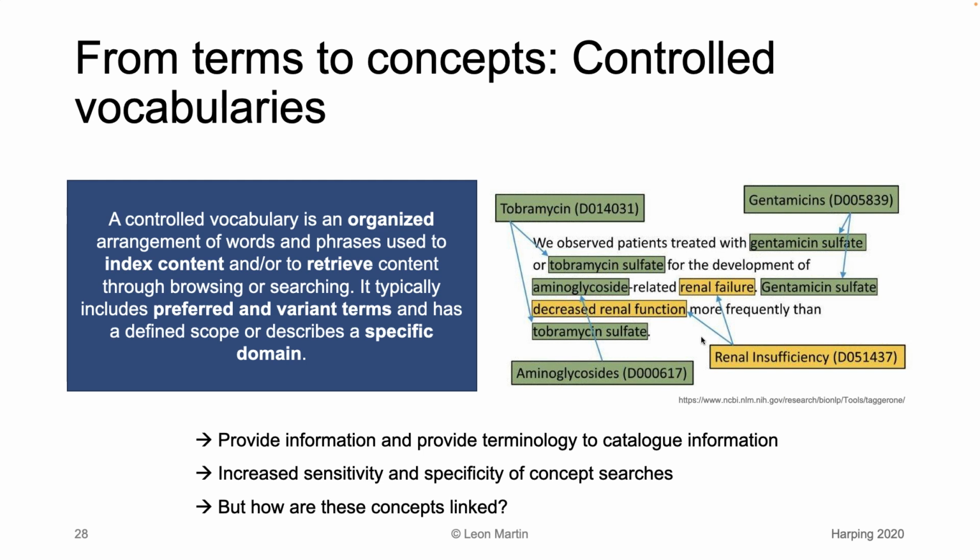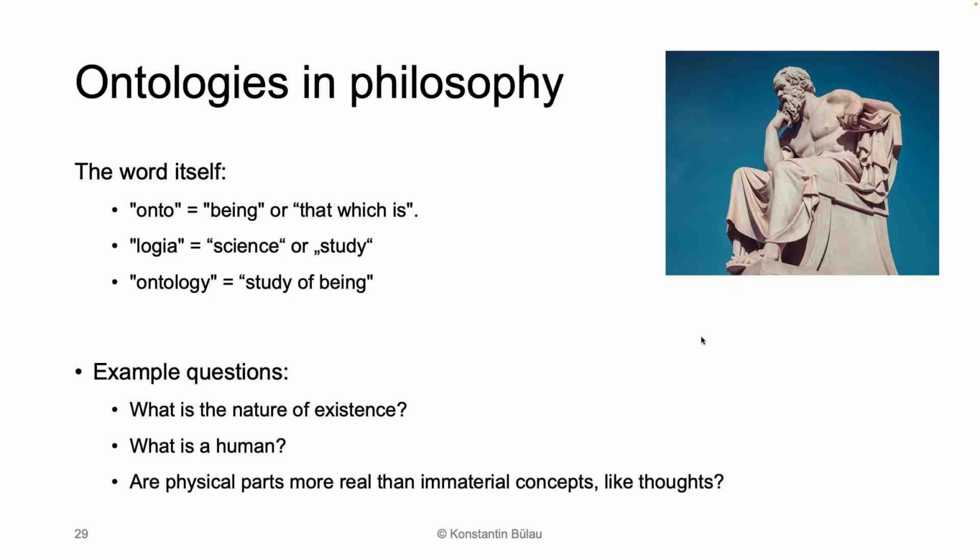But we have to go a step further. How are those concepts linked logically? Therefore we can make use of ontology, also a school of thinking in philosophy. It's about being, what it is, basically the study of being.